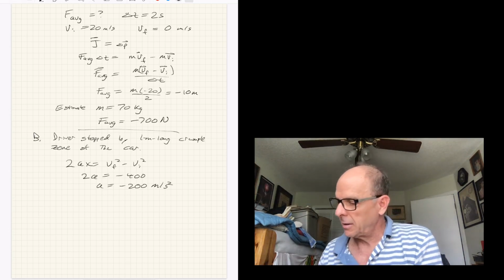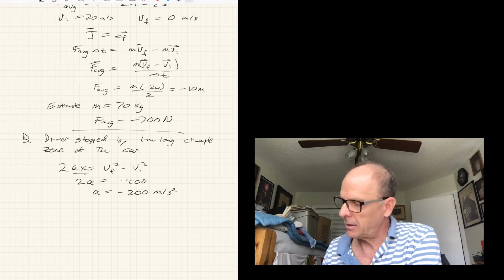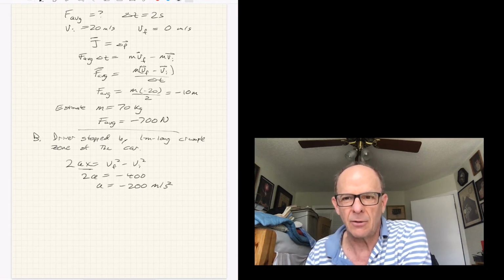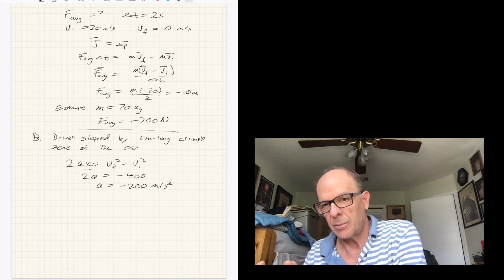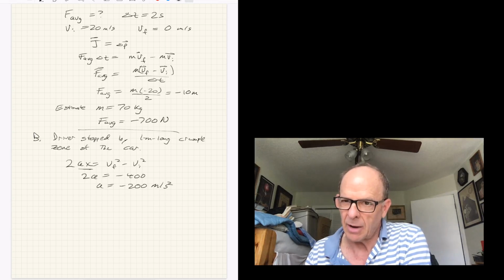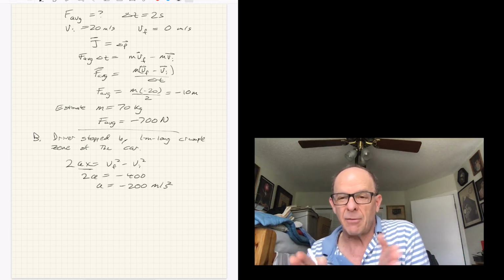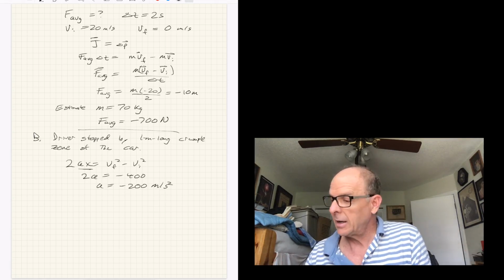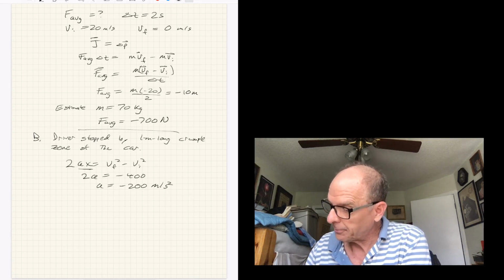So the velocity, the acceleration and the distance to stop are related to each other. If I increase one by a factor of 2, I decrease the other by a factor of 2. So by shortening the distance to stop by a factor of 20, I increase the acceleration by a factor of 20. That is therefore going to increase the force by that same factor of 20.